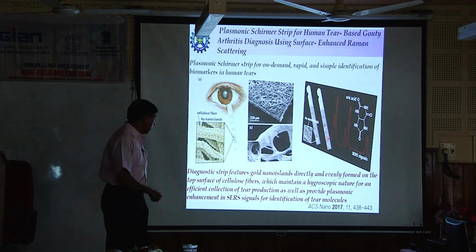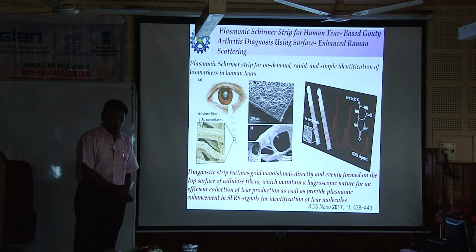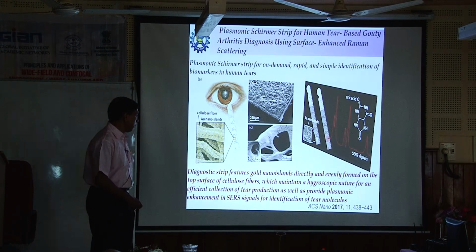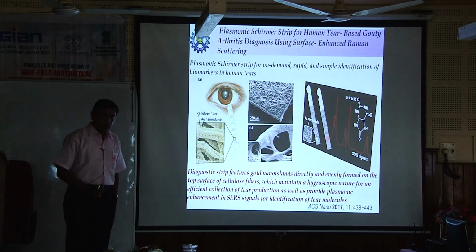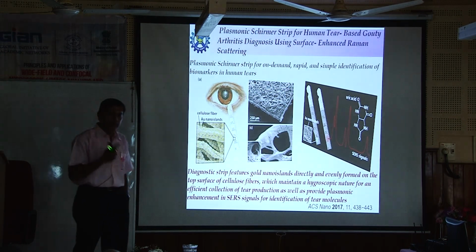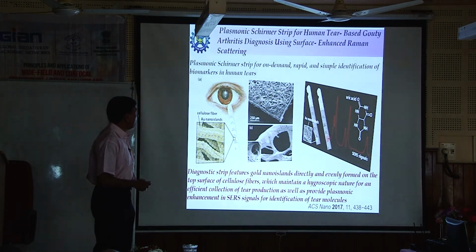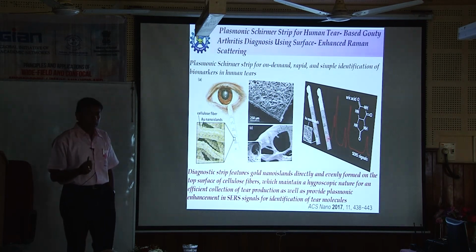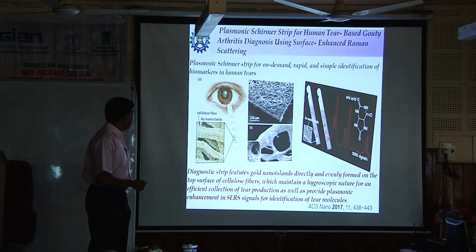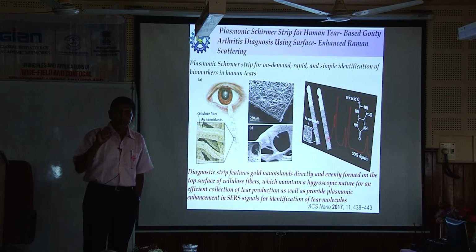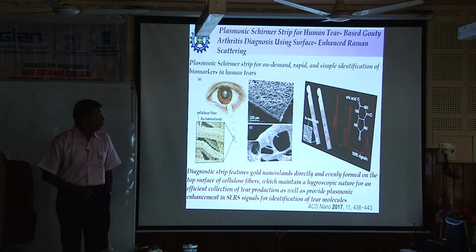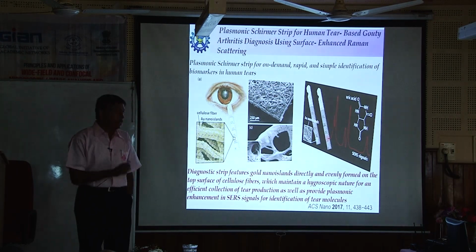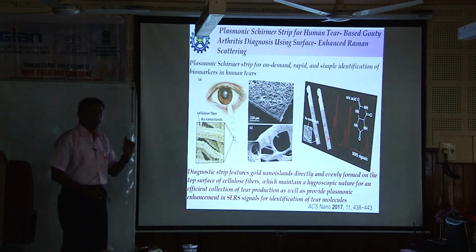This is another of the finest works, which appeared in ACS Nano a few weeks ago, where you know that in arthritis, if you check the percentage of uric acid in tears, that can be translated. Here they make a scale.